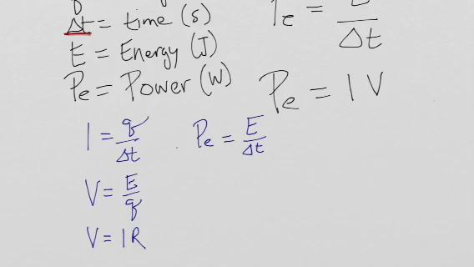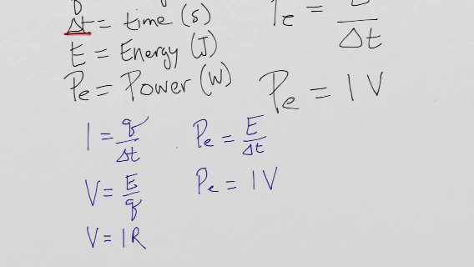And then finally, the amount of electrical power that any device consumes is also looking at the relationship between the current intensity and the potential difference going through that device.